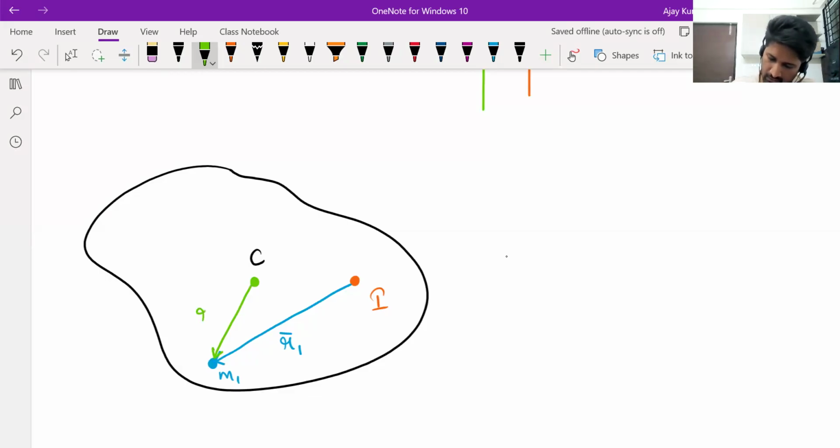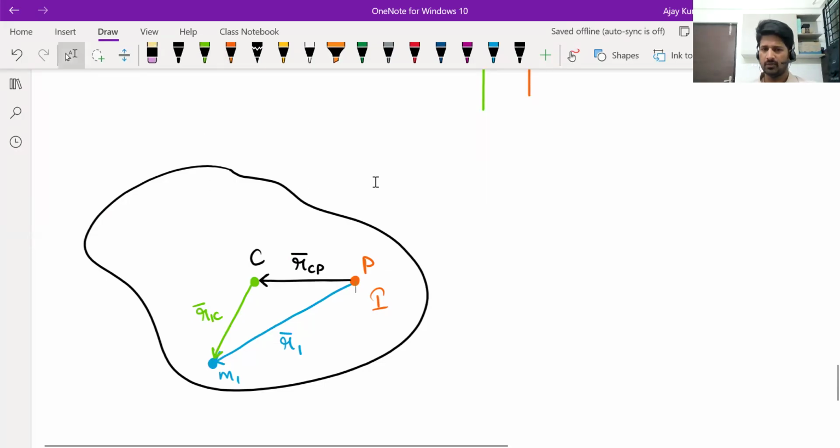Call it r1c, position of first particle with respect to center of mass. And let's take another vector from here to here. What vector is this? This is the position of center of mass with respect to point. Let's call the orange point as P.